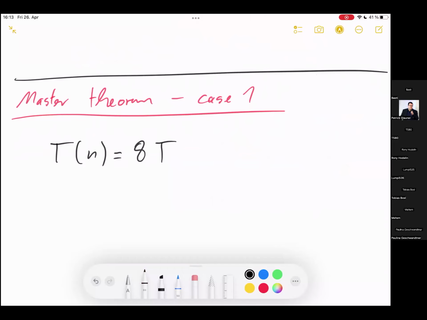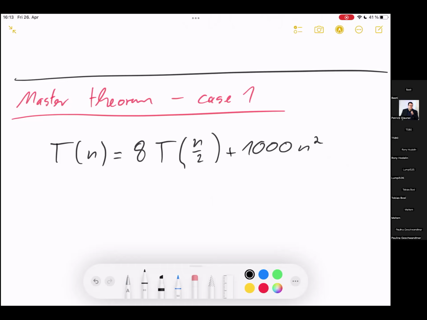And I have a recurrence relation for you: T of n is 8 times T of n over 2 plus 1000 times n squared. And there is some base case, which is theta of 1. But the exact base case here doesn't matter, as long as we know the base case is in theta of 1.